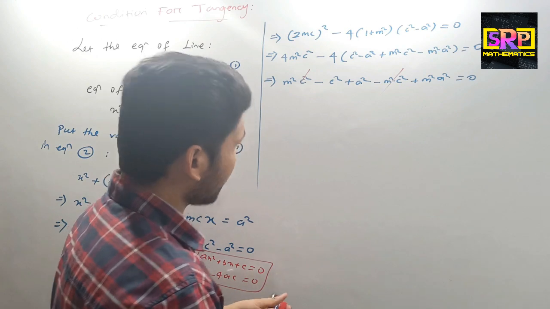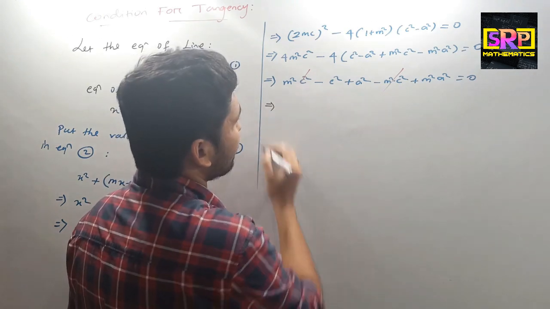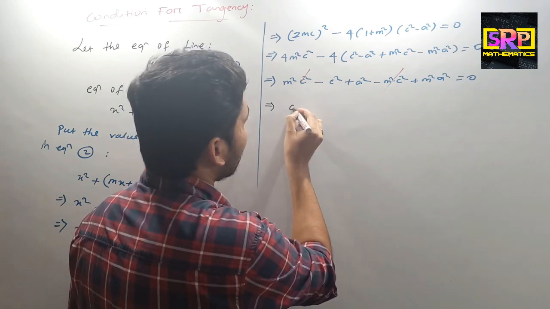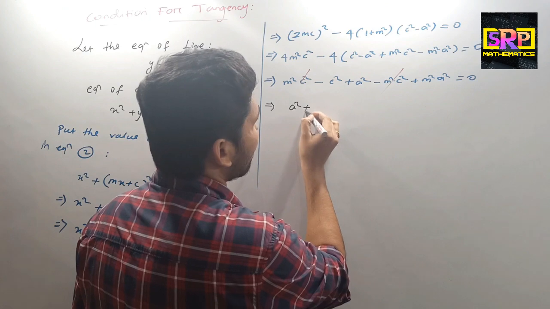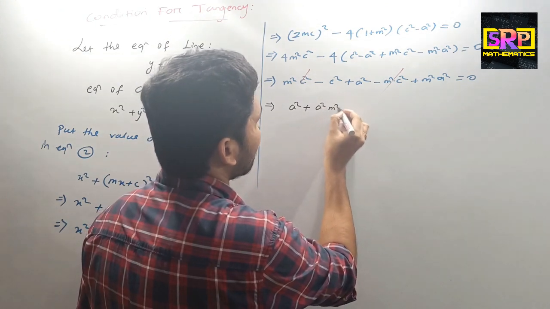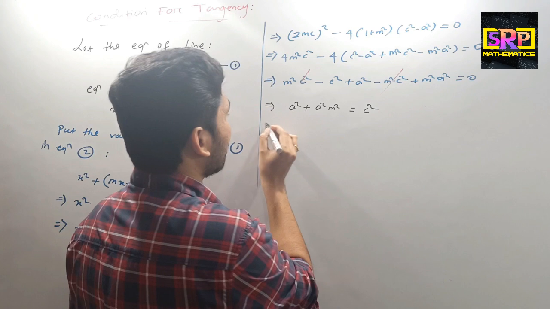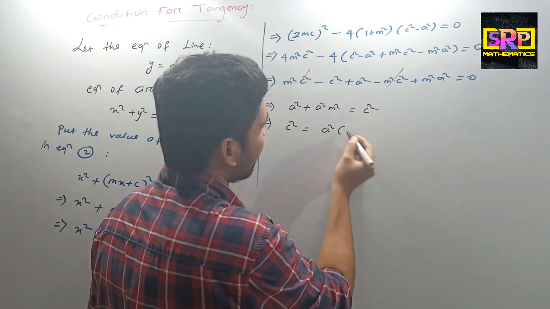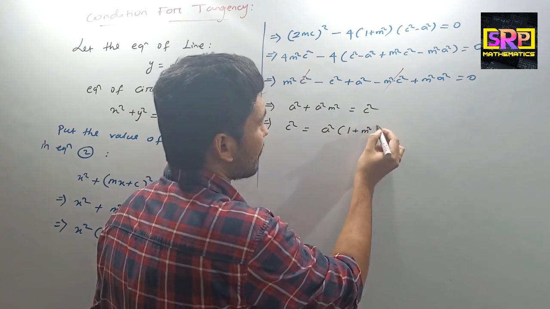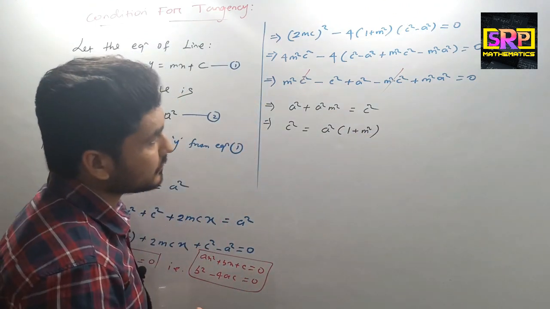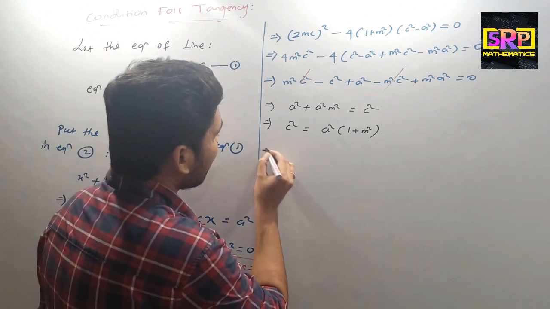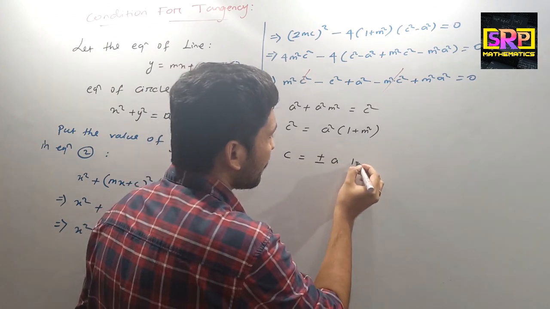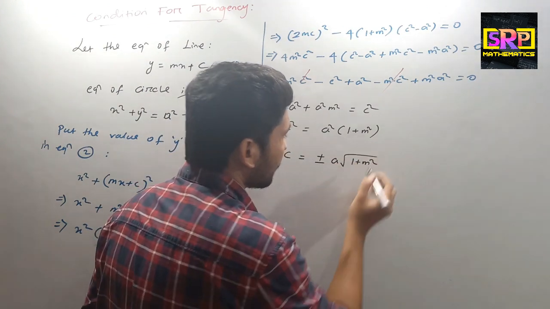So we have c square equal to a square plus a square m square, or we can write c square is equal to a square common, if you are taking common a square, 1 plus m square. Okay, fine. And from here we can find out c. c is our plus or minus a into square root of 1 plus m square.